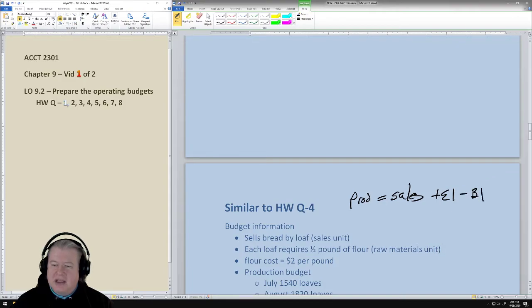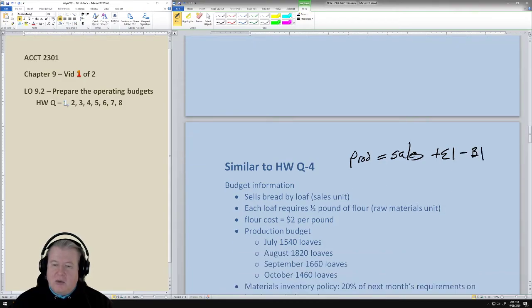What changes is we're not producing it. What we're doing is we're buying this, the raw materials, and the sales is what we're producing.